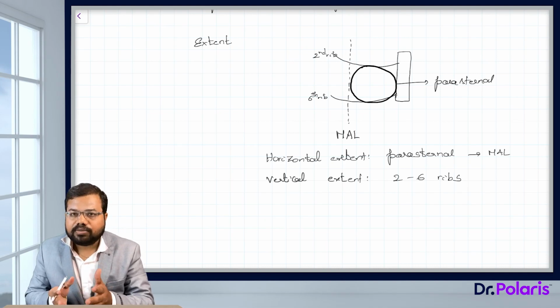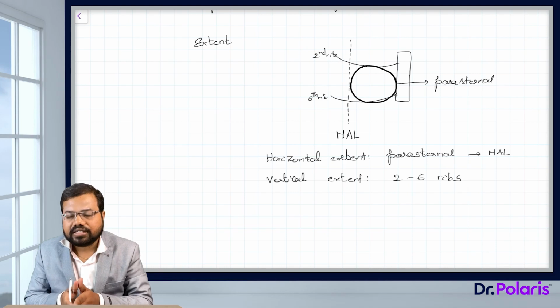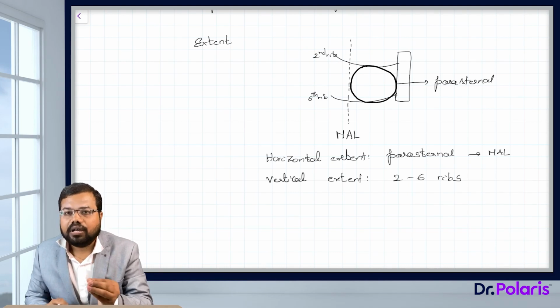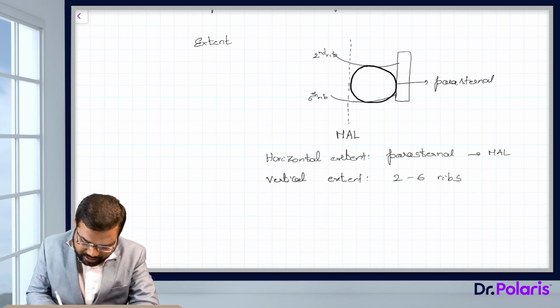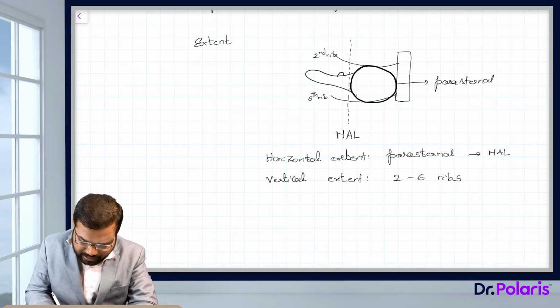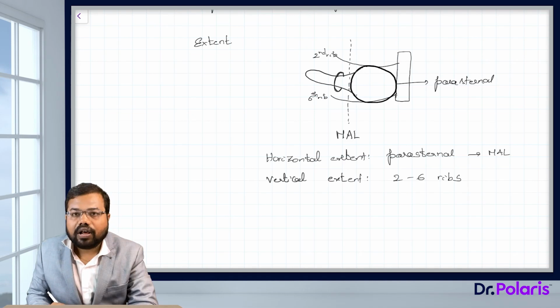Now the gland is present in the superficial fascia, that's what we had discussed, but a part of that mammary gland will pierce the deep fascia and enter into the axilla. So this is a part which is piercing the deep fascia to enter the axilla. Wherever it is piercing the deep fascia, that part is called the foramen of Lange.